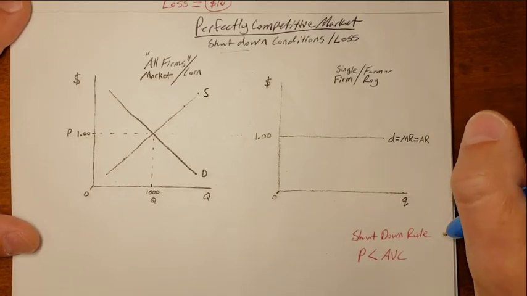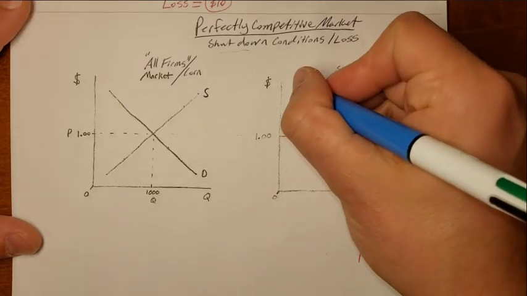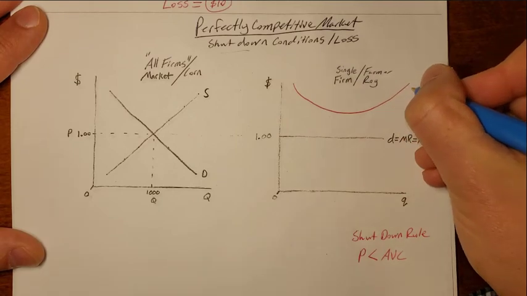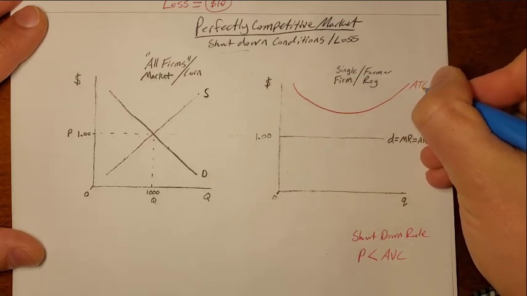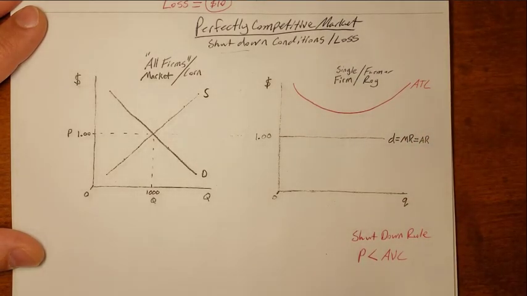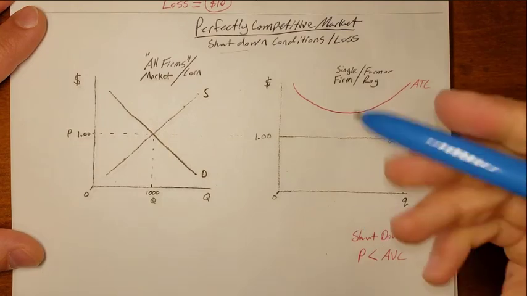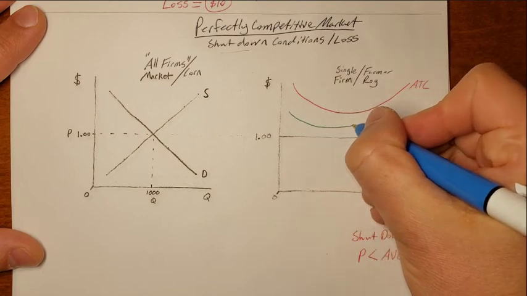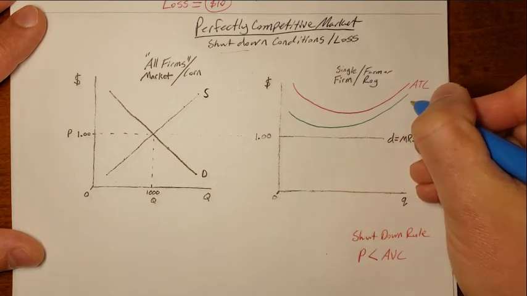So in this particular case, you're going to have an average total cost. It's going to look way up here somewhere. Then you're also going to have your average variable cost, because we need to know our average variable costs. And the average variable cost is also going to be up higher.